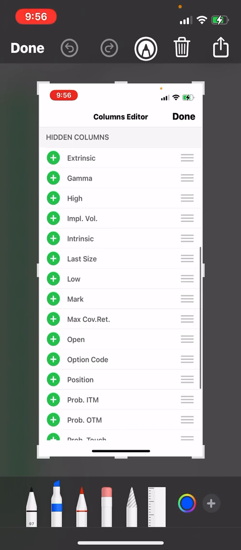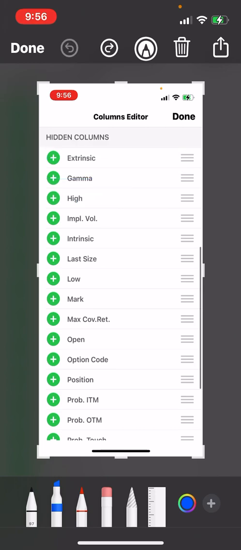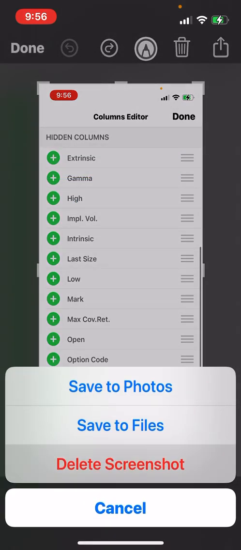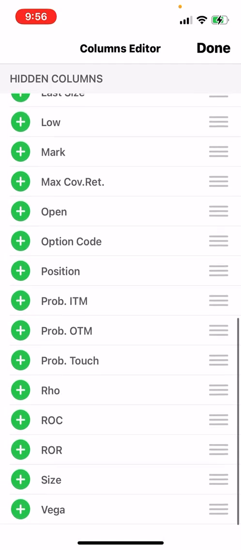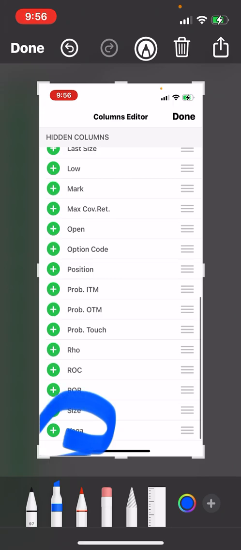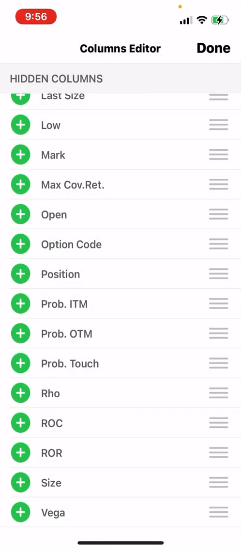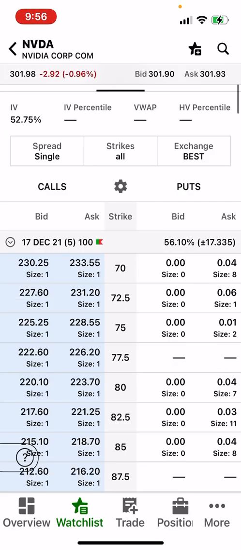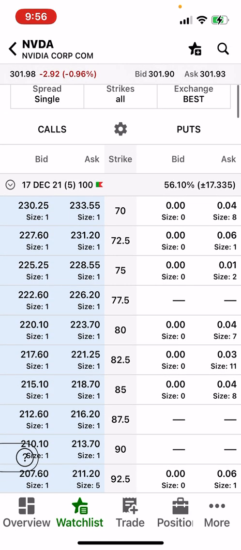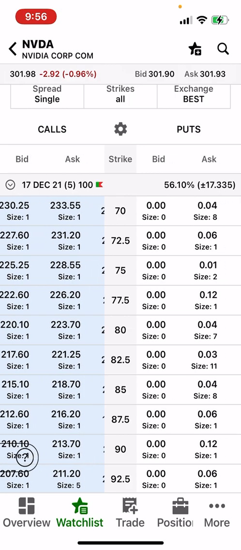You also have gamma, which is one of the components that prices options, and vega down here. These are the four Greeks. I would learn them, but at this moment, I'm not going to really focus on gamma or vega. I'm just going to focus on theta.